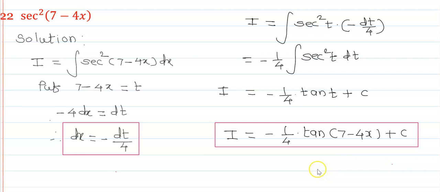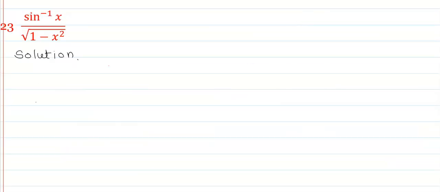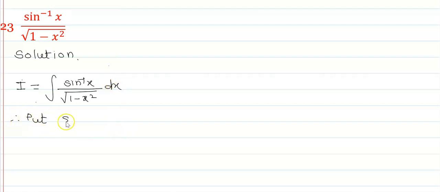Now next problem. I is equal to the integral of sin inverse of x upon root of 1 minus x square into dx, and therefore put sin inverse of x is equal to t.